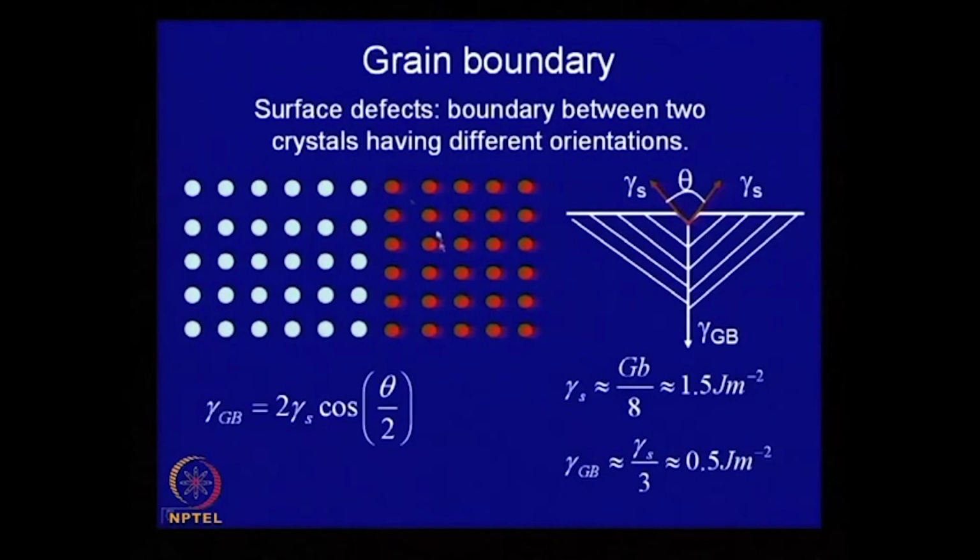Similarly, a twin boundary, the twin plane, is also perfectly coherent. Now, this coherent boundary will have much lower energy. As against that, the grain boundaries we normally consider are incoherent, in the sense that it is impossible to find any regularity in the atomic arrangement across the grain boundary. That is why we call it an incoherent boundary, and an incoherent boundary will always have higher energy than a coherent boundary.